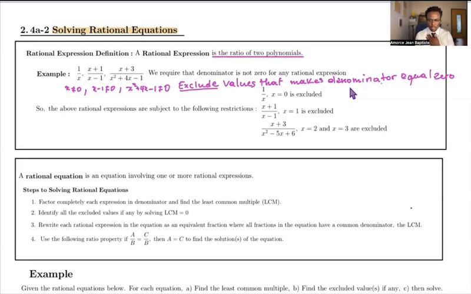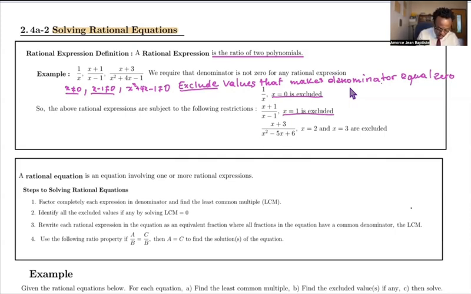They cannot be solutions. So x would not be 0. That means x equals 0 is excluded. x minus 1 cannot be 0. That means x equals 1 is excluded.